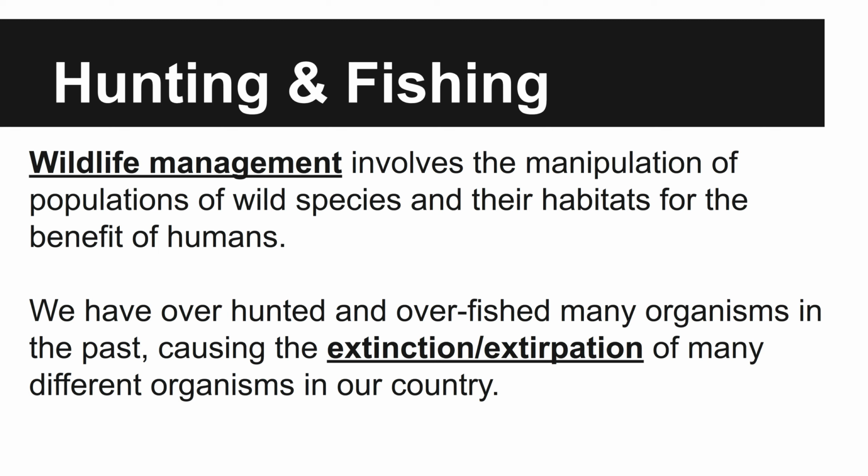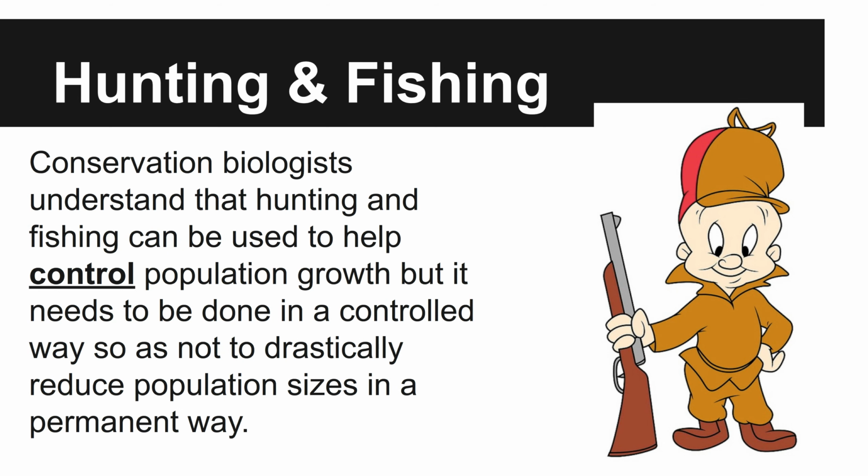They might have that species in other places, but not in its natural habitat where it used to be. Conservation biologists understand that hunting and fishing can actually be used to help control population growth, but it needs to be done in a controlled way so as not to drastically reduce population sizes in any permanent way.